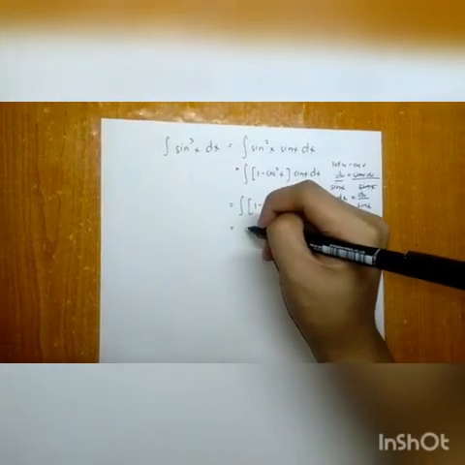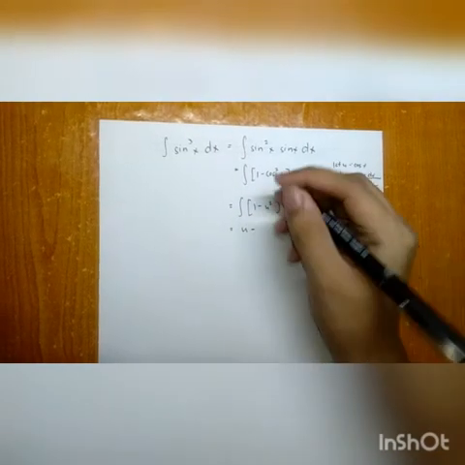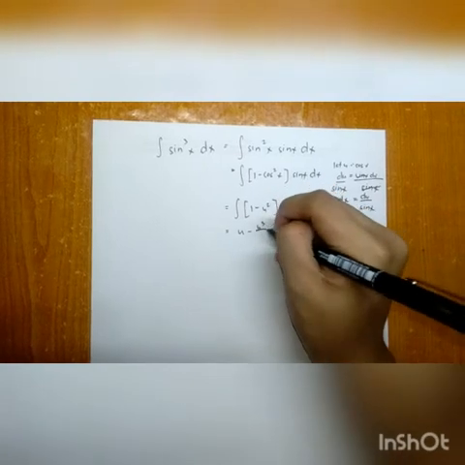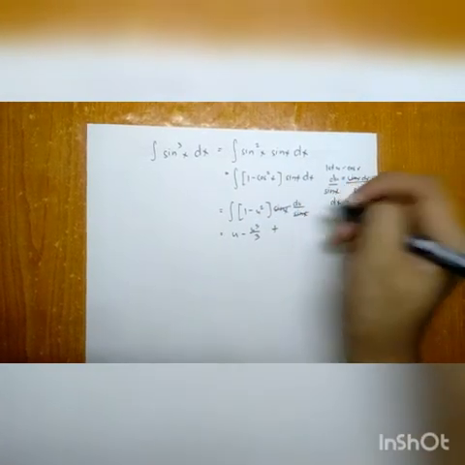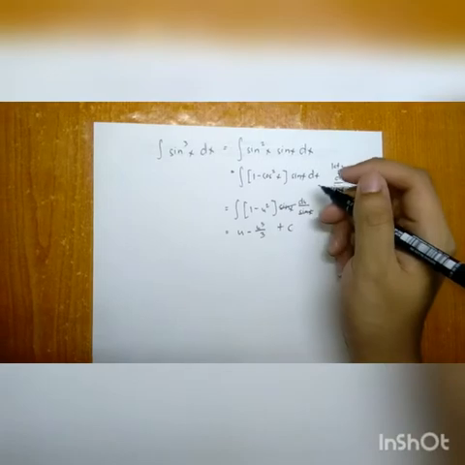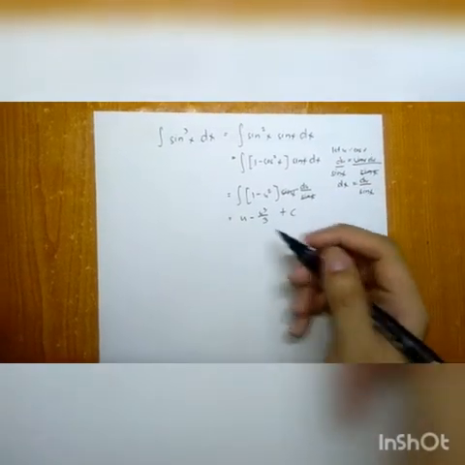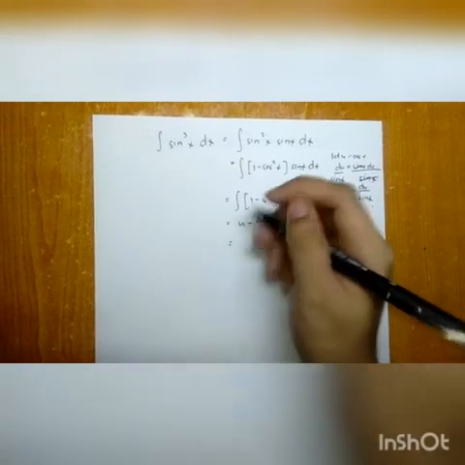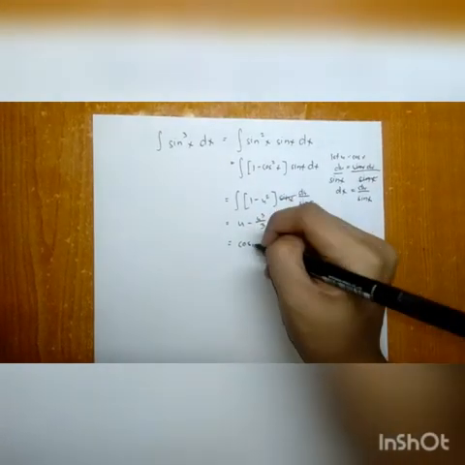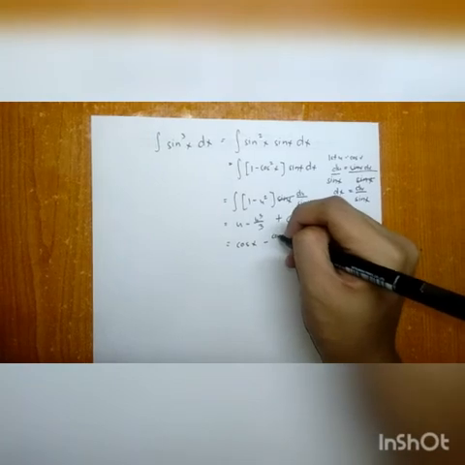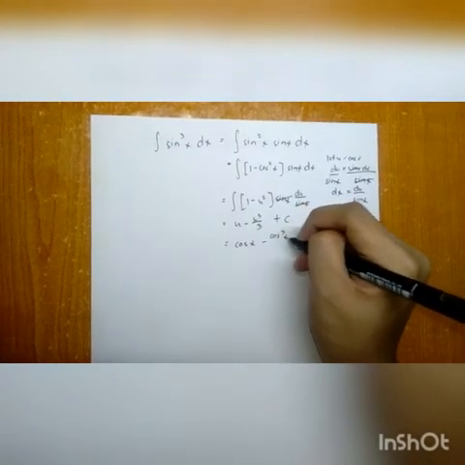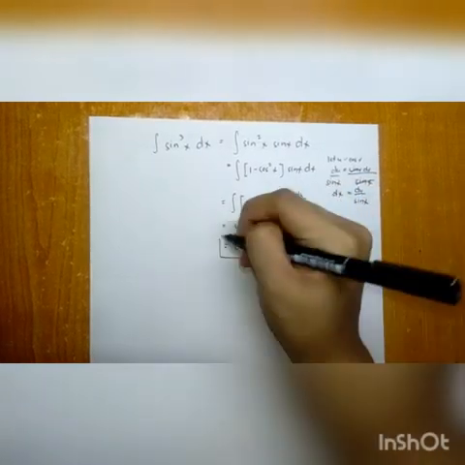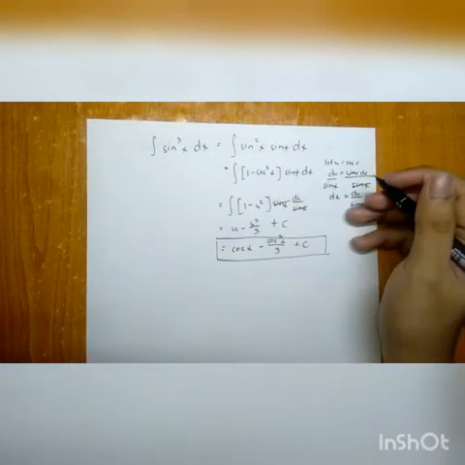The antiderivative of 1 is u, minus the antiderivative of u squared, which is u cubed over 3, plus c. Then, we will substitute u back to its original form. It will be cosine x minus cosine cubed x over 3 plus c. Here is our final answer.